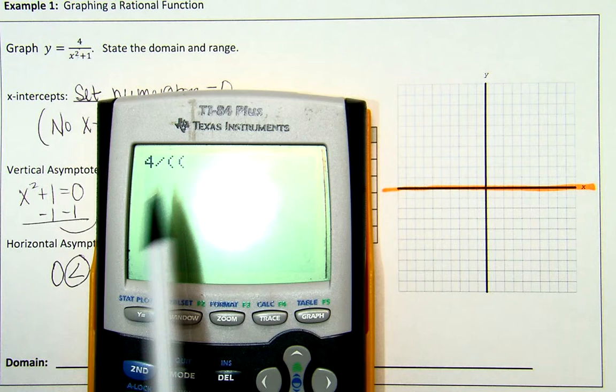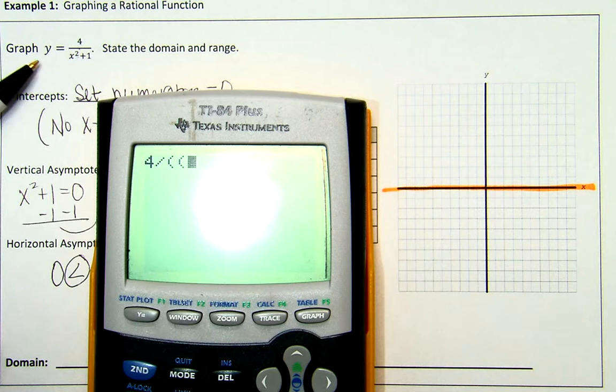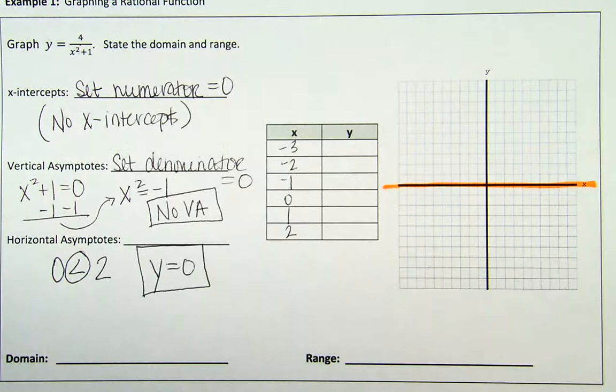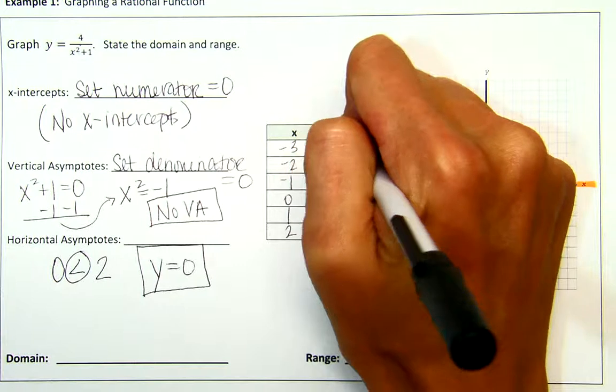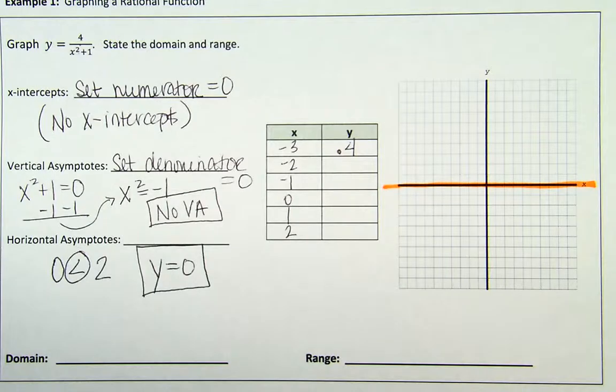The second parentheses helps us plug in the number for x squared. Since I'm starting with -3, I'm going to square -3, then add 1, end parentheses, and hit enter. And I get 0.4. So at -3, I get 0.4 for my y value.